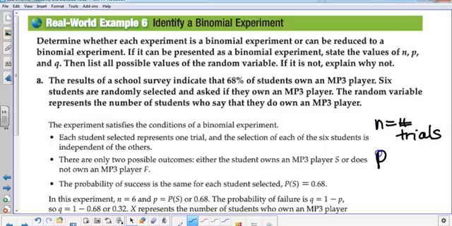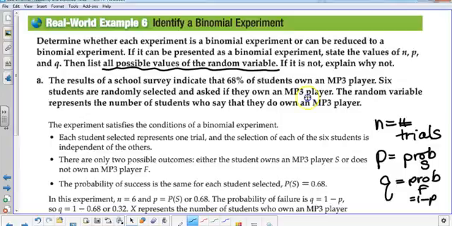What is p? Probability of success. And what is q? Probability of failure, or 1 minus p. All right, then list all possible values of the random variable. All right, we got to read this carefully.